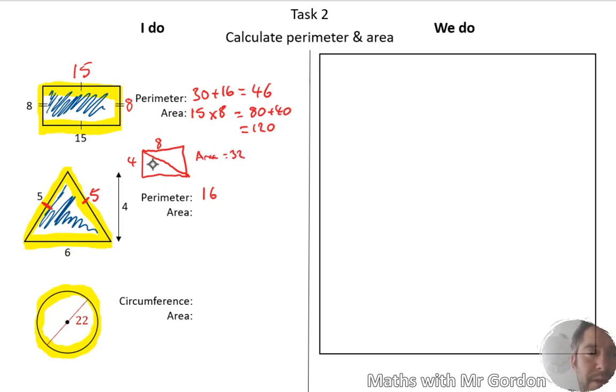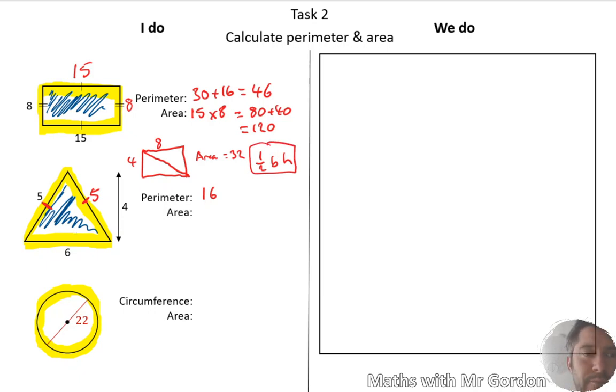And we've got 2 identical triangles in there, so each of those triangles would be half of that area. So when we're finding the area of a triangle, it's the base times the height, which gives us the whole rectangle, and then we halve it. So it's half the base times the height to find the area of a triangle.